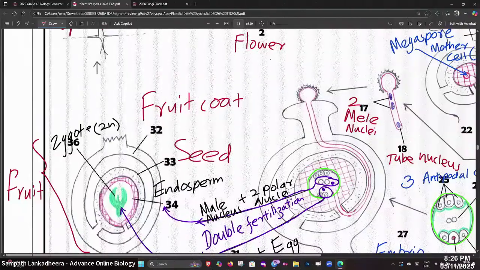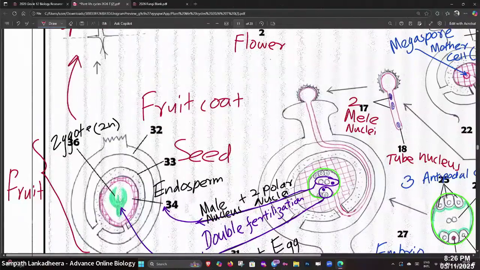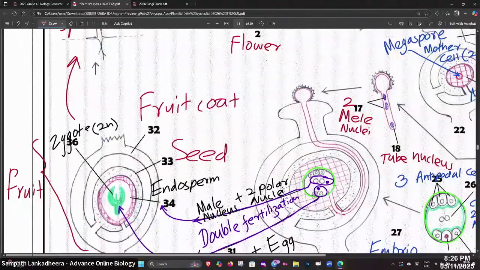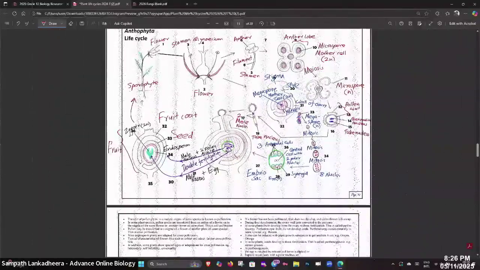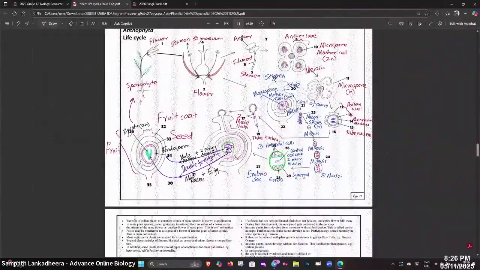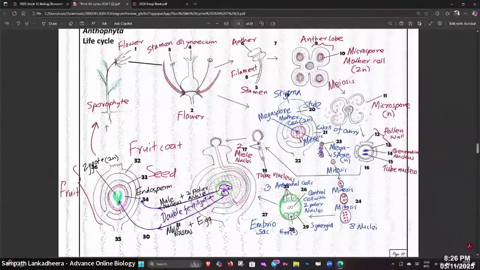So that's the life cycle. This starts all over again. So let me show you the whole life cycle now. Beautiful life cycle. Anthophyta life cycle.